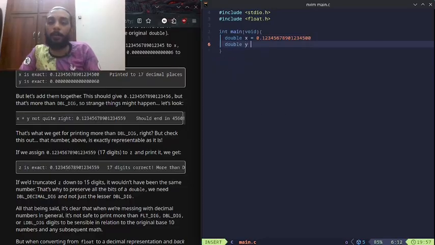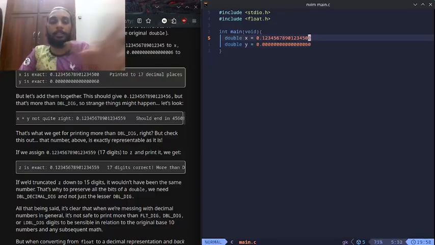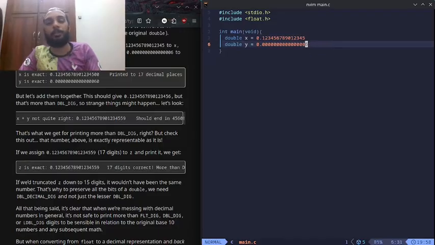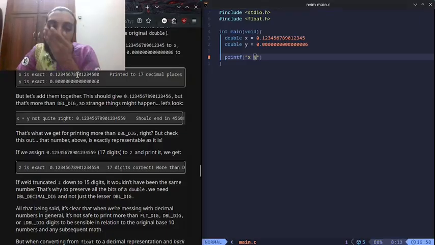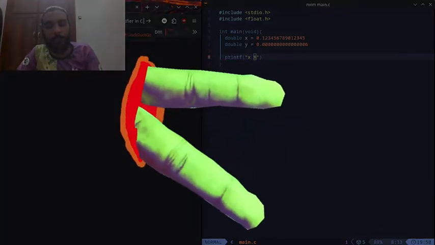Now double y is equal to 0.0000006 and so on. Now it's printed to 17 decimals, so I'm going to just do this. But let's add them. Now printf x, and how do you print a double again in C?